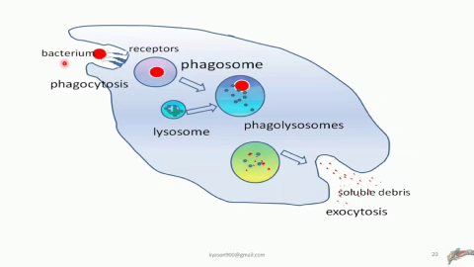And this reminds me of the diseases that can occur in cases of deficiency of some hydrolytic enzymes in the lysosomes. Those diseases are called lysosomal storage diseases. I want you to read about them.